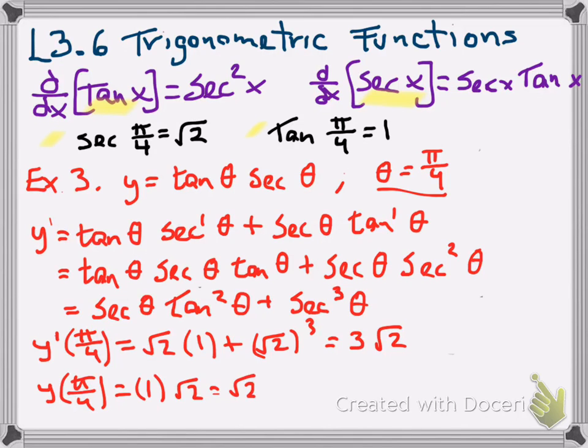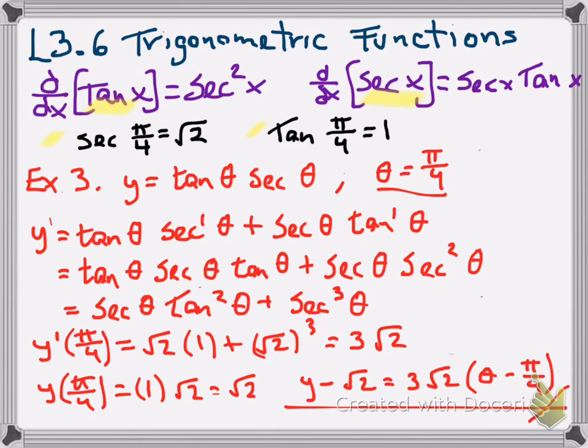Now I will plug in those two values, which will give me y minus y initial, which is square root of 2, equals the slope, 3 times square root of 2, times theta minus pi over 4, which is the original value. And that's it. So based on these 3 videos, you're going to be ready to do the homework for today, all these problems. Good luck.